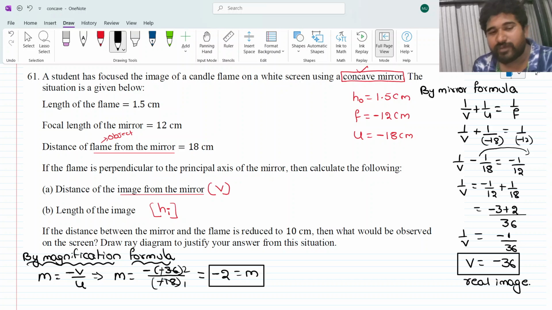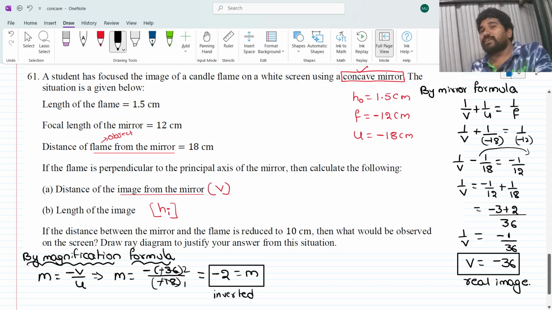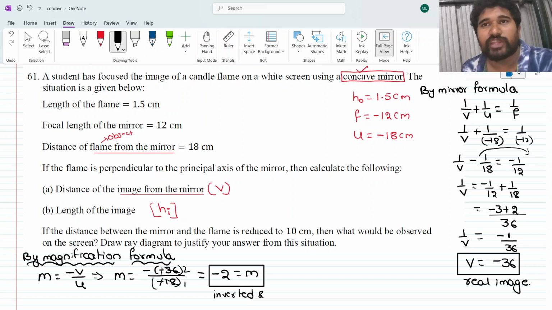Clear? Which type of image is it? Inverted. M negative means inverted, and magnitude is more than 1, so it is enlarged.